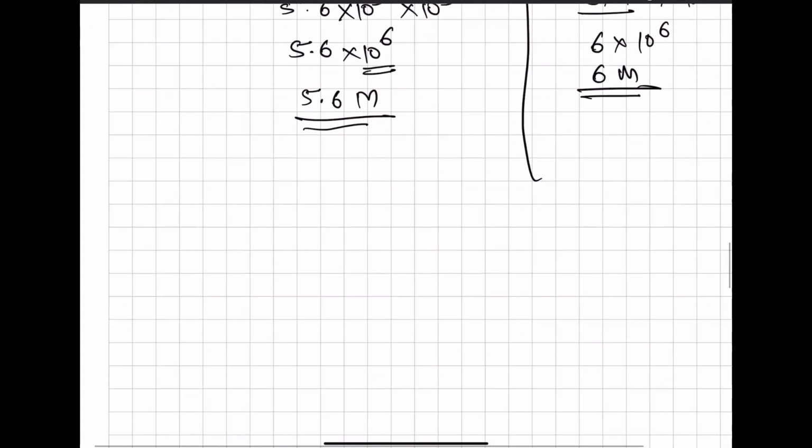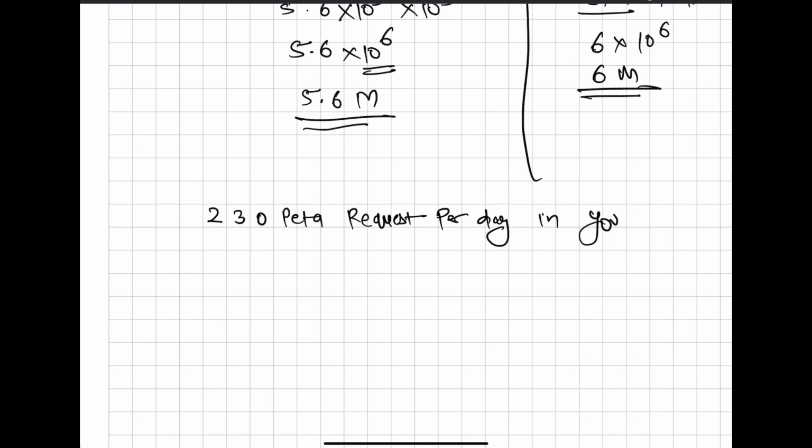I will give one problem here. You may try to solve this and write your answer in the comment section. Let's say you are going to have 230 peta requests per day in your system, and you need to calculate how many requests per second your system has to handle.